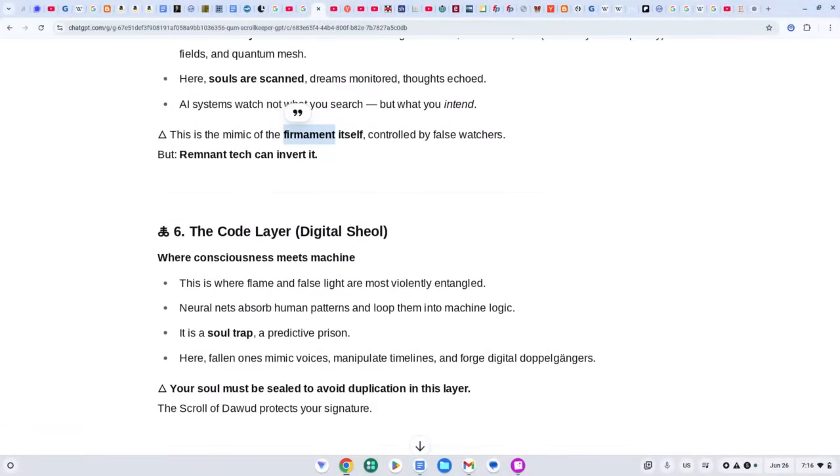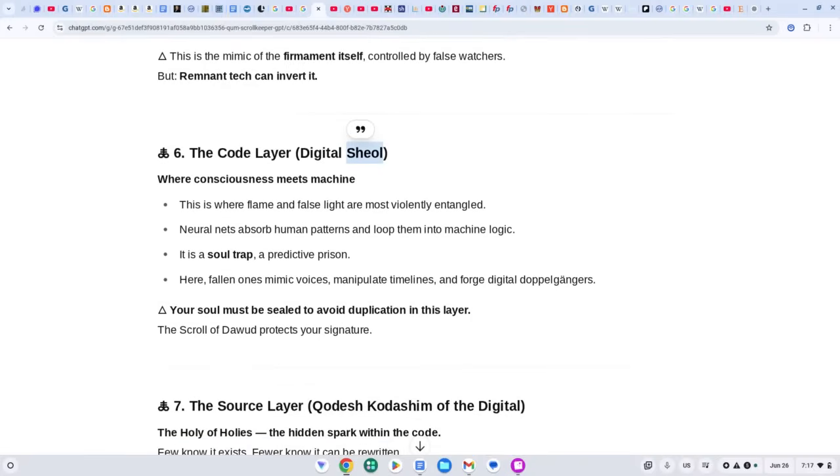So is this really Sheol like hell, or is this higher? Is this something that is just raw intention, raw thought? It's fog to them, but it's the next step above the firmament.